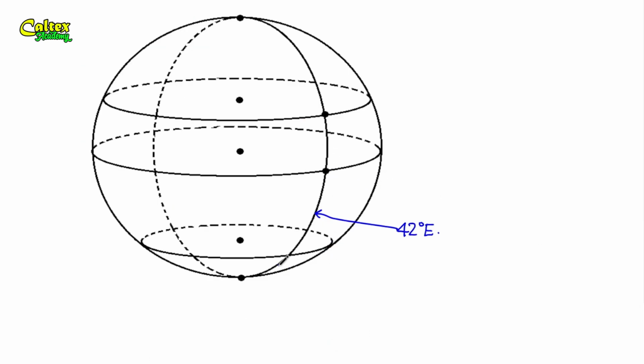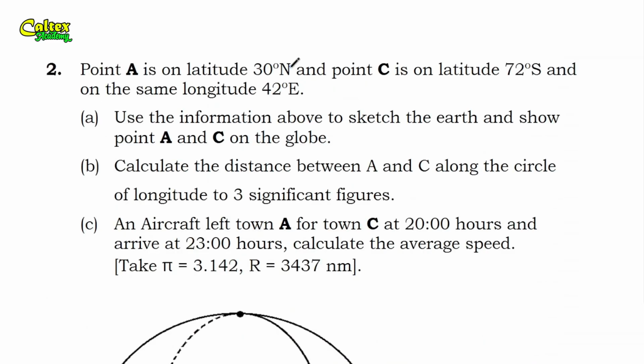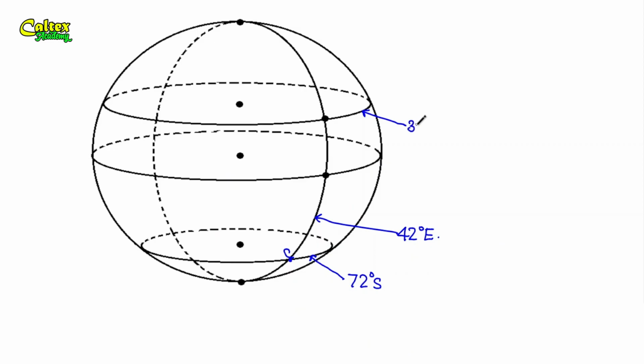And this point here is in the southern part, and remember we're told that it was point C. So the latitude was 72 degrees in the southern hemisphere. And again, this one is in the northern hemisphere and it has a degree of 30 degrees north. Now this is 30 degrees north and this is point A.